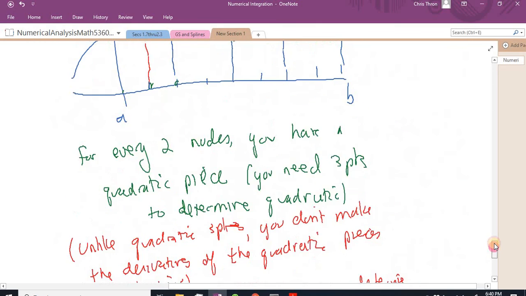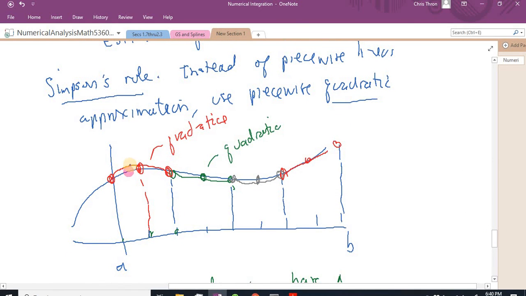Notice that you use a quadratic approximation on every two intervals, so if this is h, then you also have the 2h, and the h and the 2h are treated differently. In fact, if I did trapezoid on the h intervals, then trapezoid on the 2h intervals, and did Romberg on that, I would get exactly Simpson's rule.